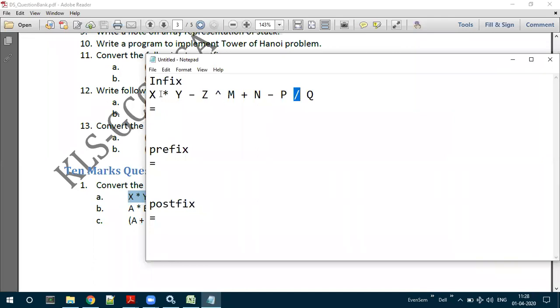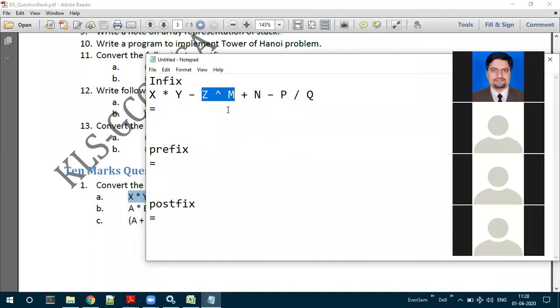We know that power has high precedence, isn't it? So z power m has to be evaluated first. For that purpose, first I will write z power m within the bracket.